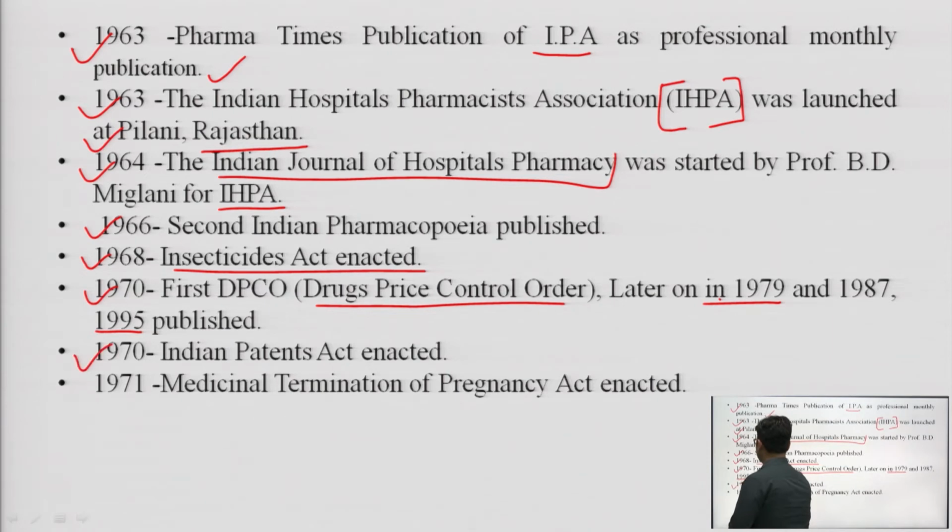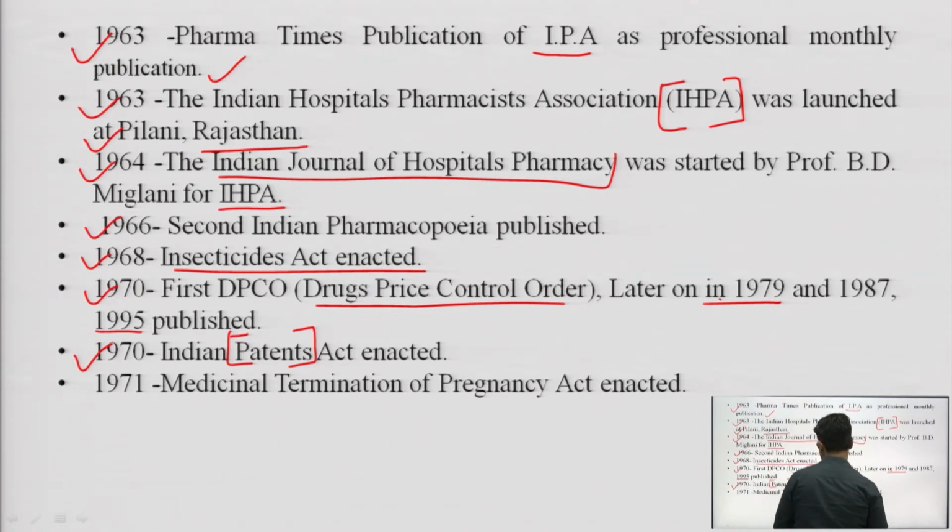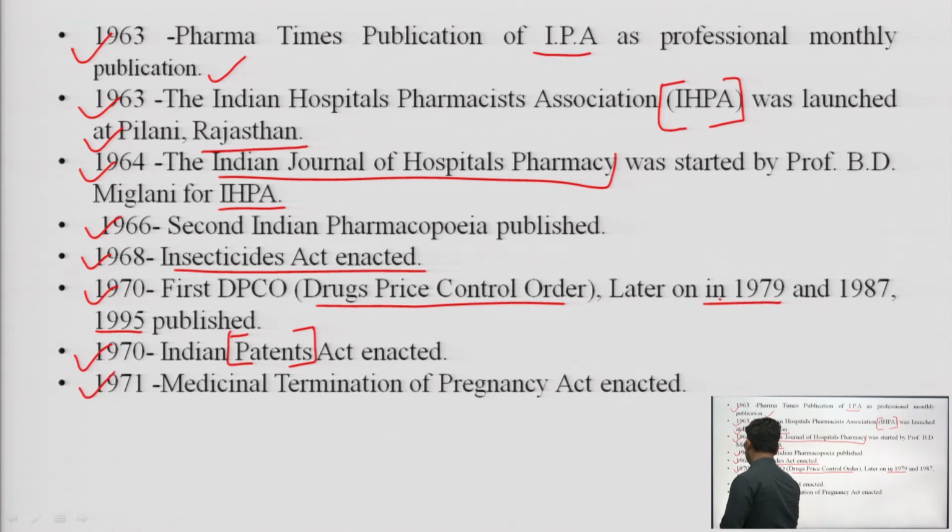In 1970, the Indian Patents Act was enacted. Patents will be covered later in this unit itself. The act was introduced in 1970. In 1971, the Medical Termination of Pregnancy Act was enacted.